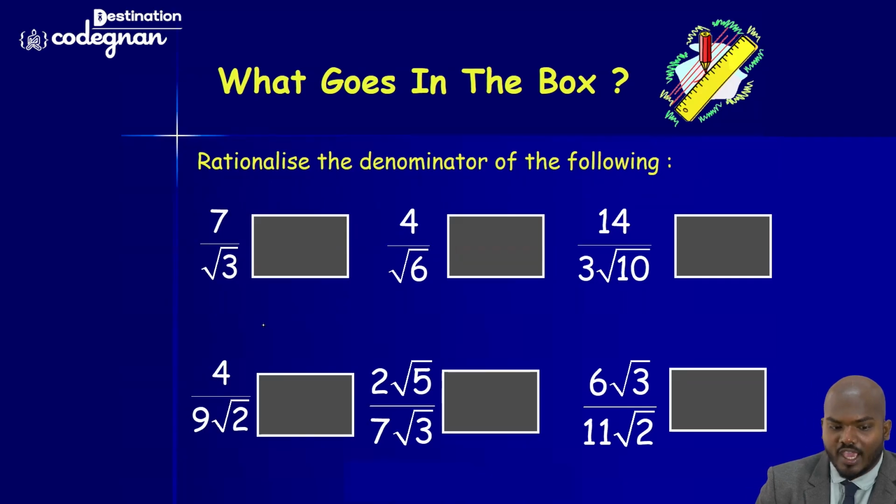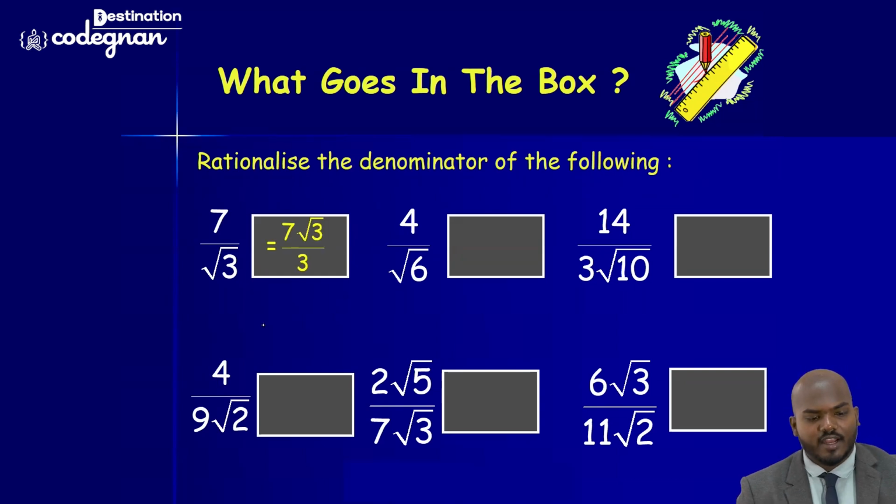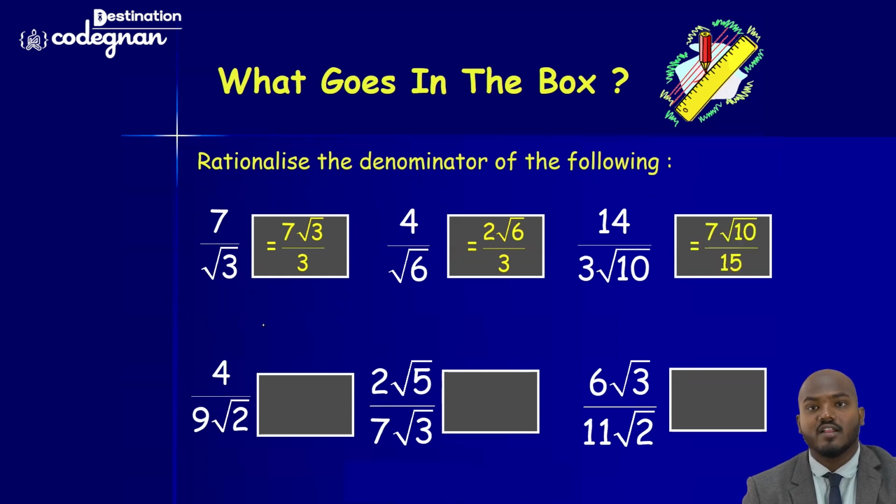But still I'll show you the answer, but you have to try whether you're getting the same answer or not. Okay, 7 root 3 by 7 root 3 gives 3, and 4 by root 6, you will get 2 root 6 by 3, and 14 by 3 root 10, you can call it 7 root 10 by 15 here.